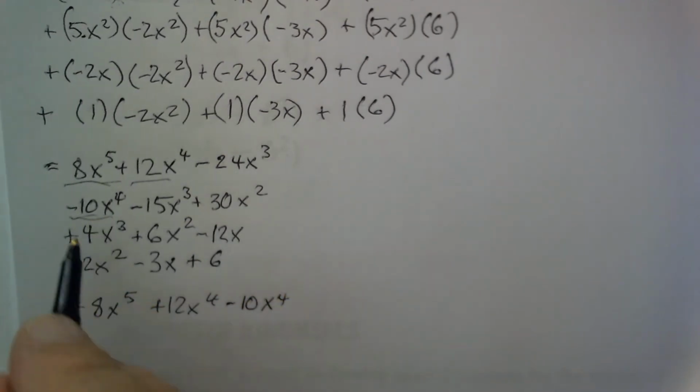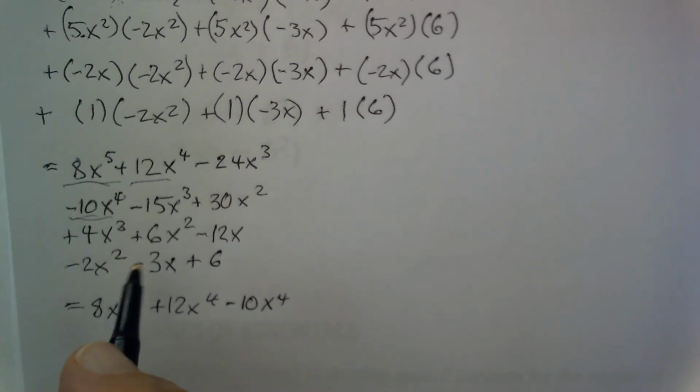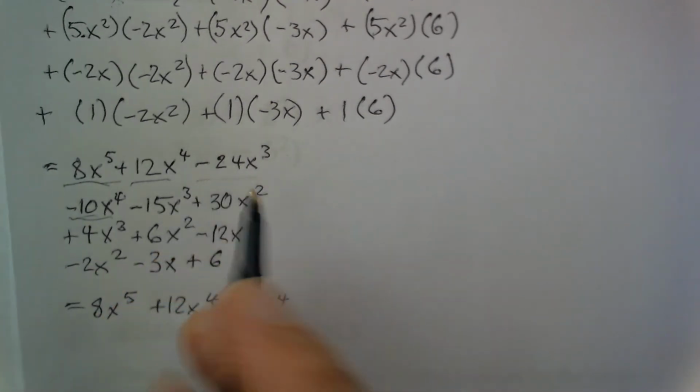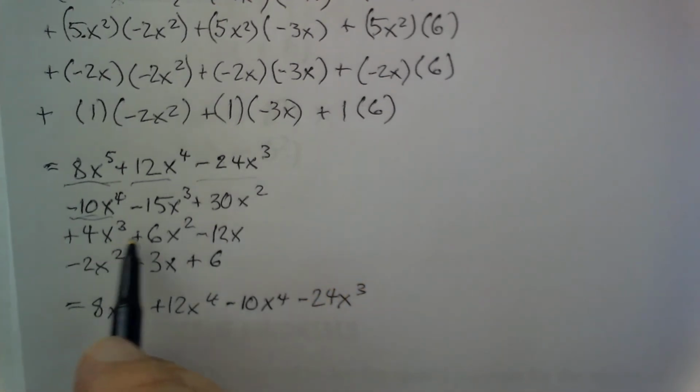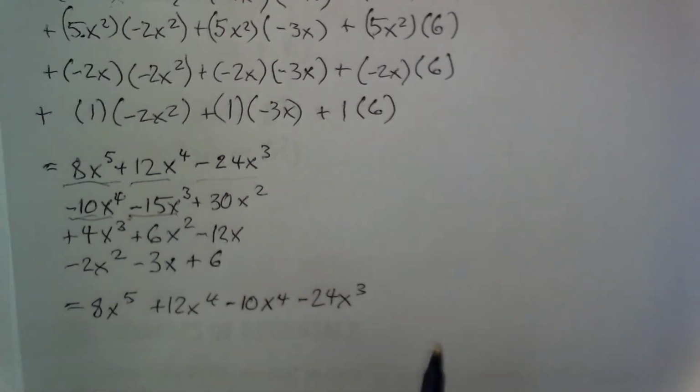So that's taken care of, and those are all the x to the fourth. Then there's a minus 24x to the third, and there's a minus 15x to the third. And there's a 4x to the third here also, plus 4x to the third.